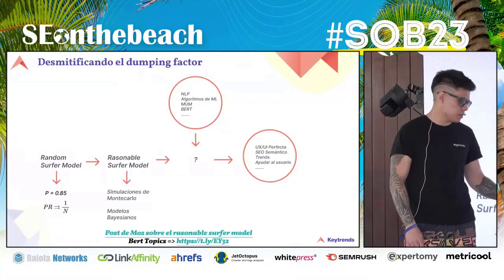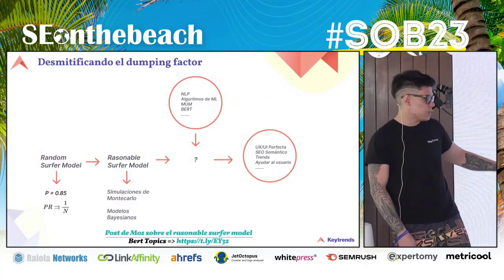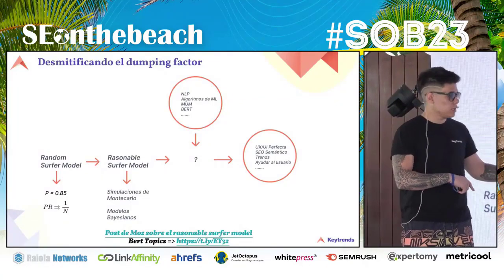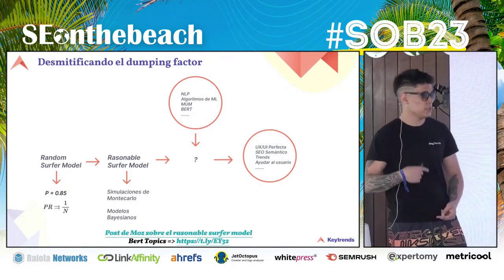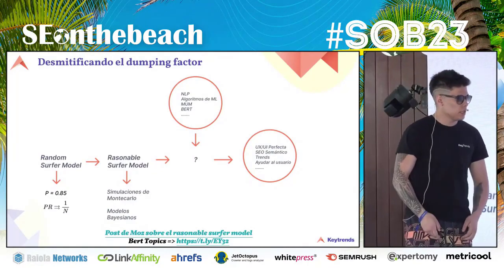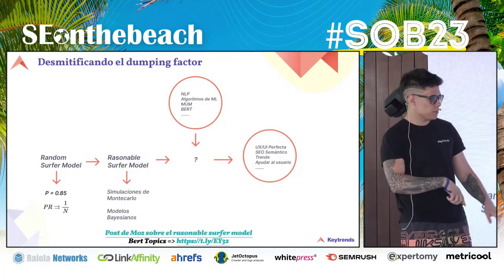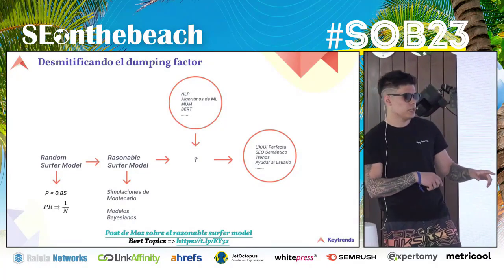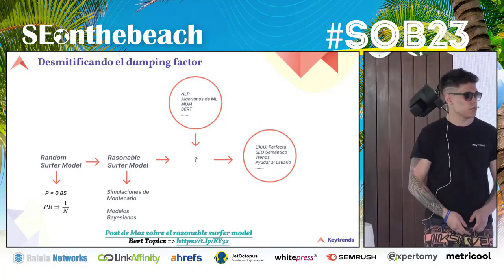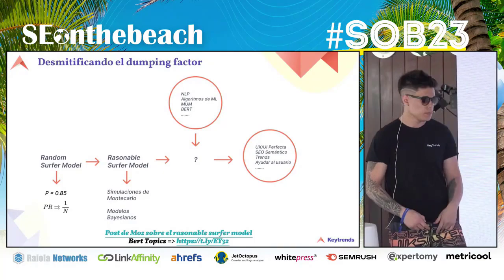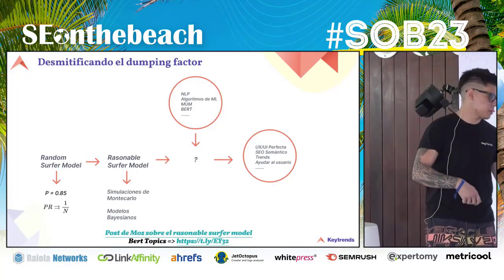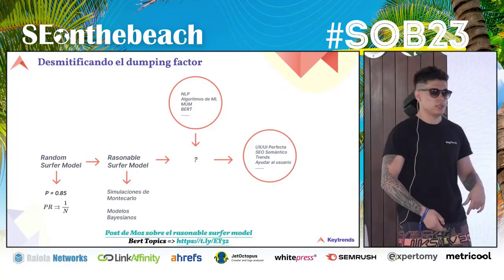This is something that you can see in the patents. From now on, we have ML algorithms, BERT, and after this, we have no idea what's going on. But our only conclusion is that we need to use a perfect UX and UI, and semantic SEO trends, and help for the user.